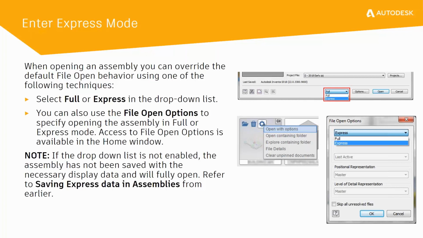You can also, within the home screen, select on the file open options the ability to open full or express as well. So there's a number of places that you can set this if it's not automatically being triggered for you in the background.